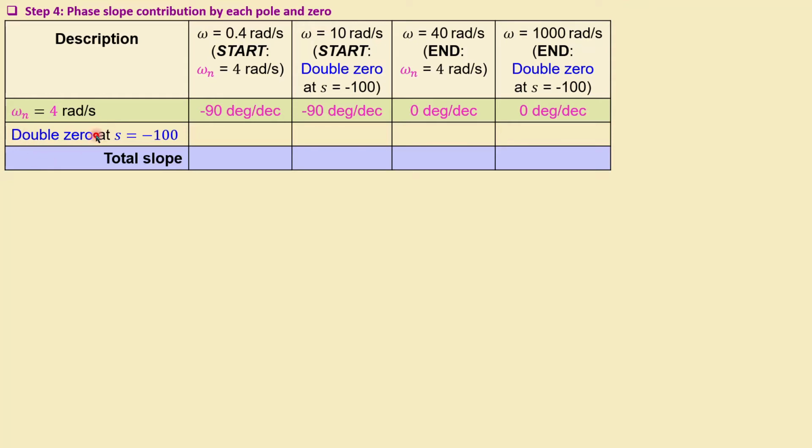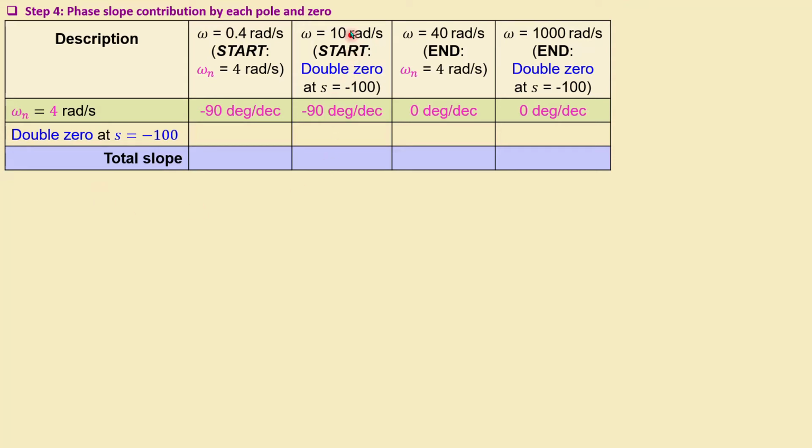Now the double zero. A pure real zero will have a phase slope of plus 45 degrees per decade. If you have a double zero, a second order zero, that will have a plus 90 degrees per decade slope.